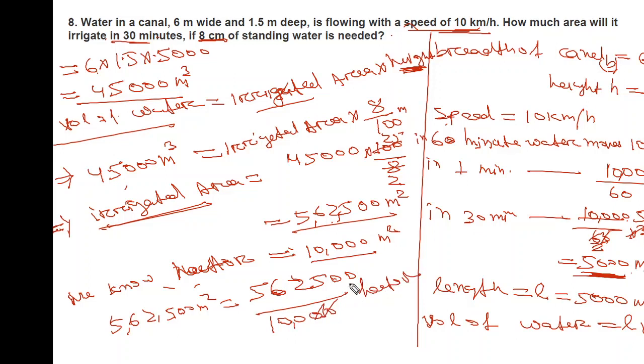Now you can cancel two zeros, then it will be equal to 56.25 hectare. So this much is the answer. 56.25 hectare area will be irrigated with this much water.